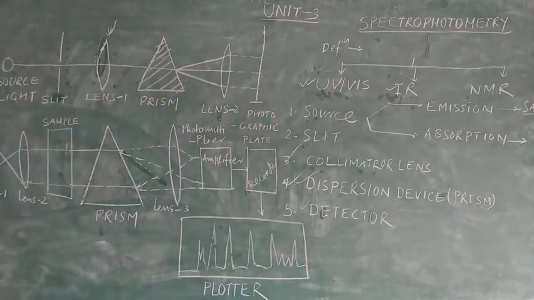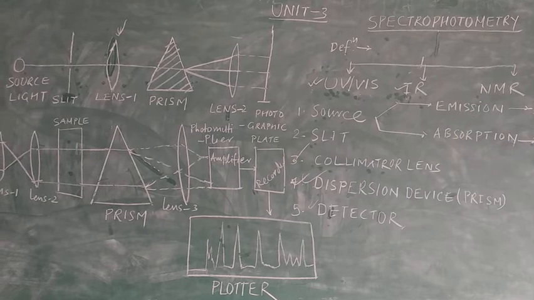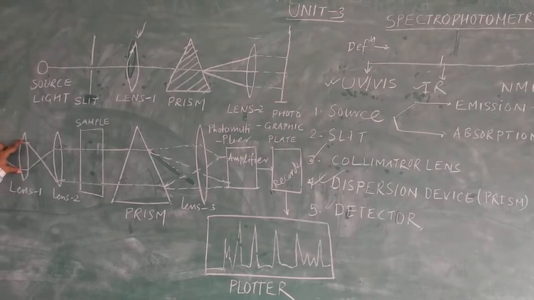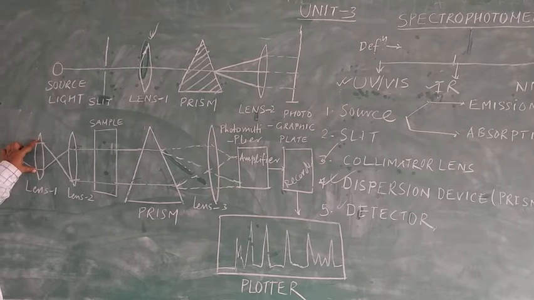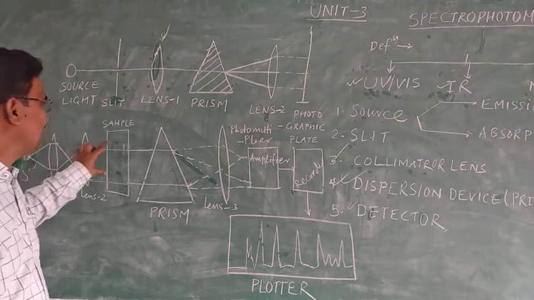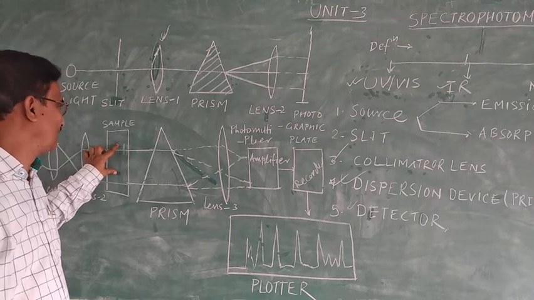First of all, we take the source of light, denoted by the symbol S. When the source of light is passed through lens 1, it is divided into two parts and falls on lens number 2. Here is the sample of the unknown compound.